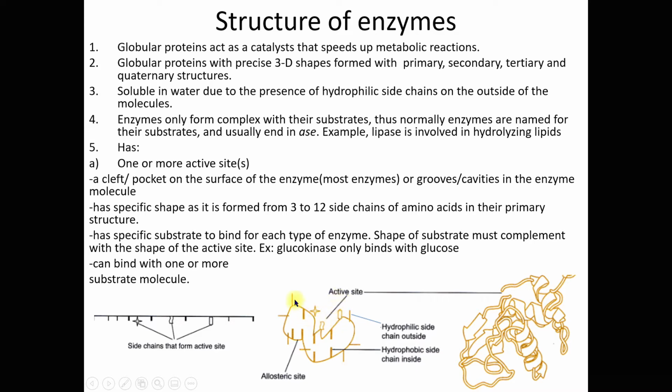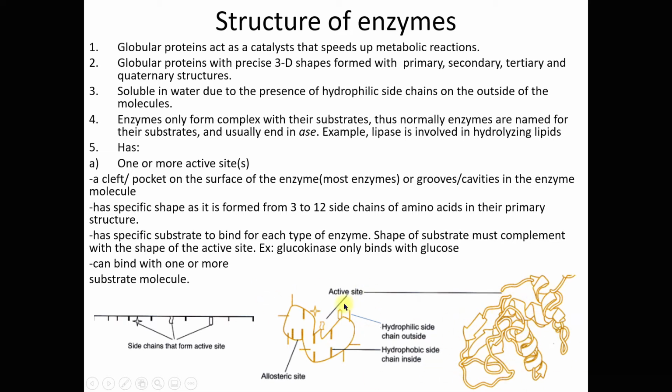Most enzymes have active sites on their surface. But some enzymes have active sites inside their grooves, or cavities. This is where their active site can be found, and this is only in a small number of enzymes.